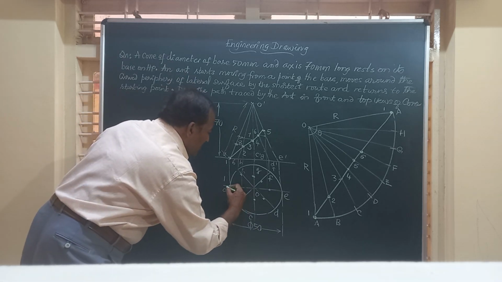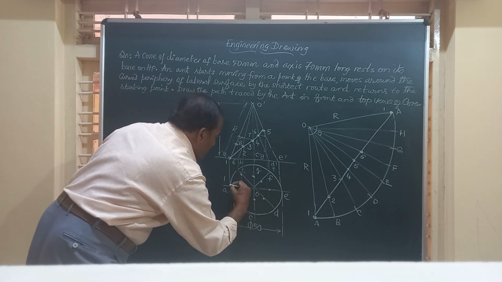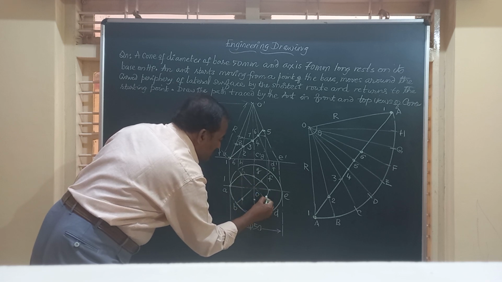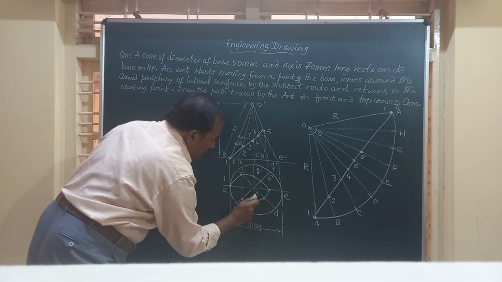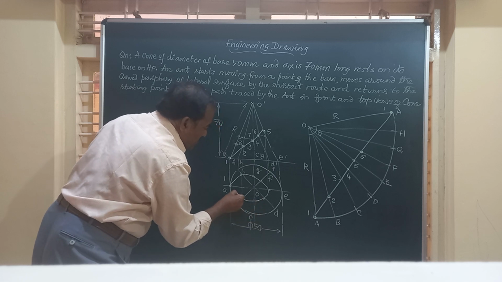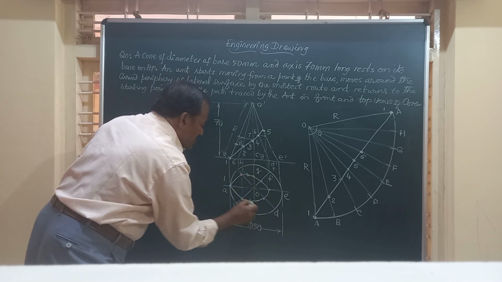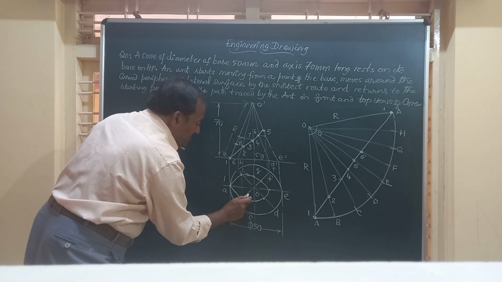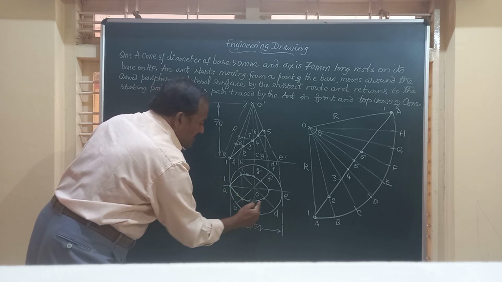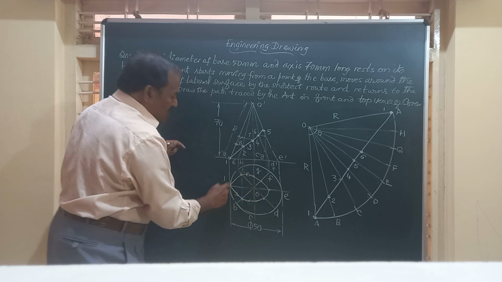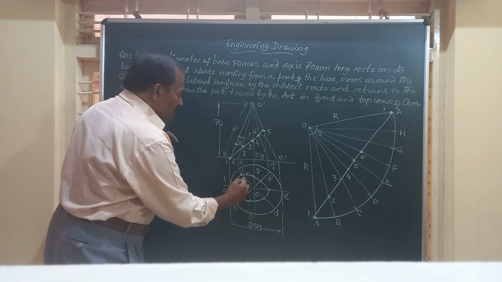So friends, join all these points so obtained by a smooth continuous curve. This is how the curve is going to be. So it will start from this A, move along this, then reach back the same point. So these are the points.